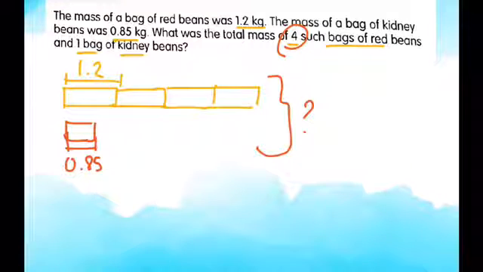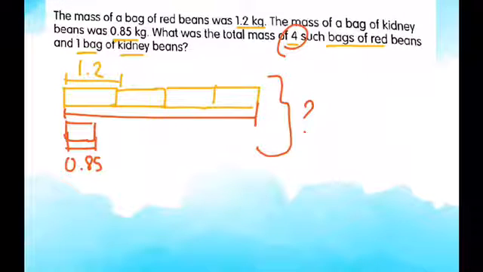What should our number sentence be? So first we need to find out the total of 4 units. You would have to multiply. For your 4 units, you will have to multiply 1.2 by 4.